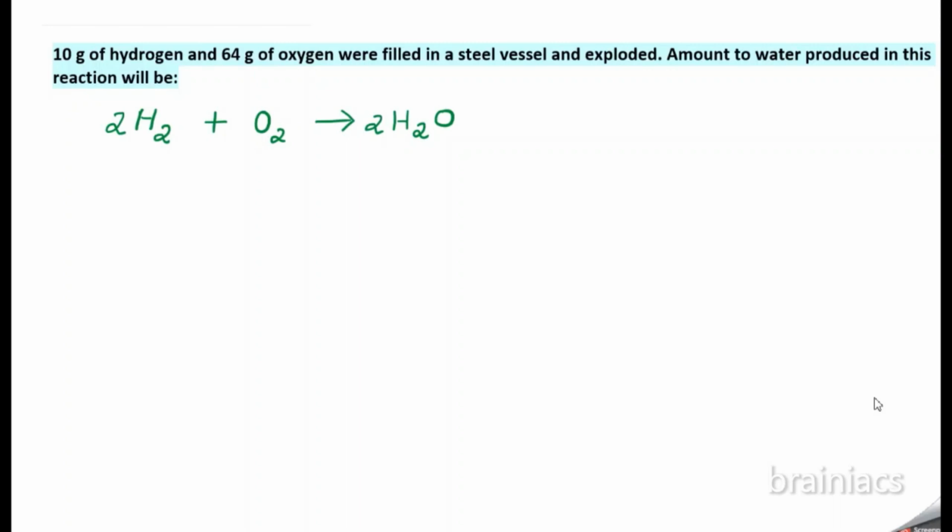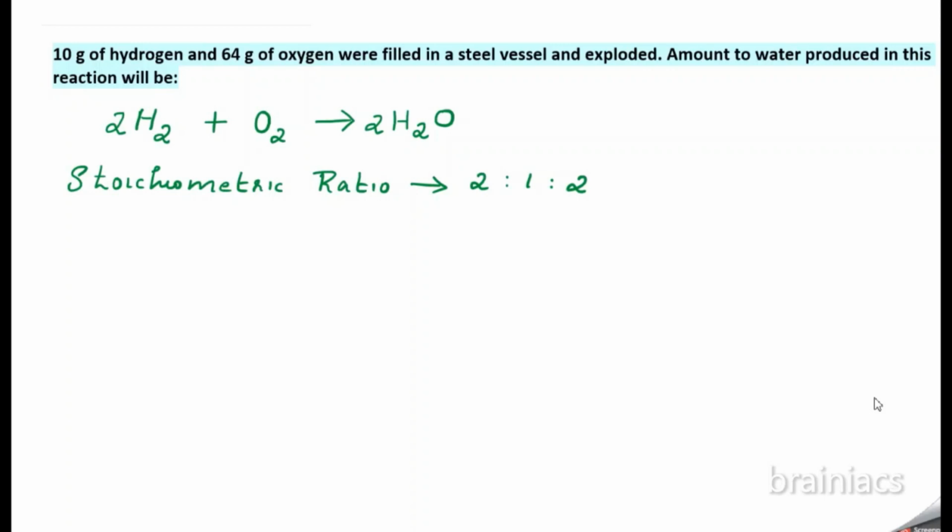Now this is my balanced chemical equation. Now I will try to write the stoichiometric ratio. The stoichiometric ratio will be 2 is to 1 is to 2. What is the stoichiometric ratio? Basically the coefficients of a balanced chemical equation.